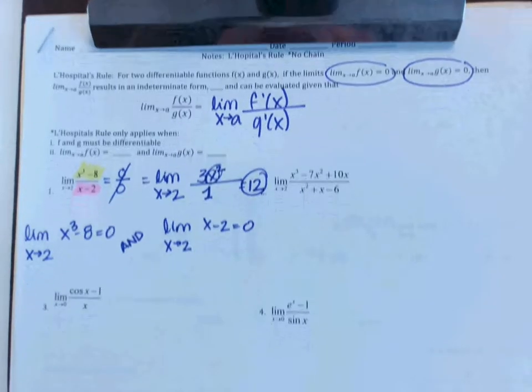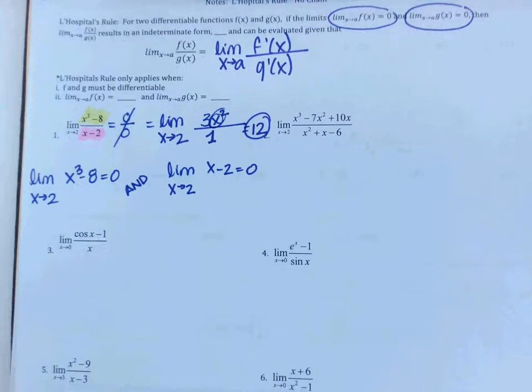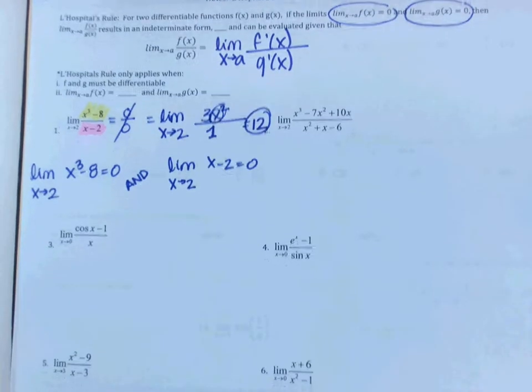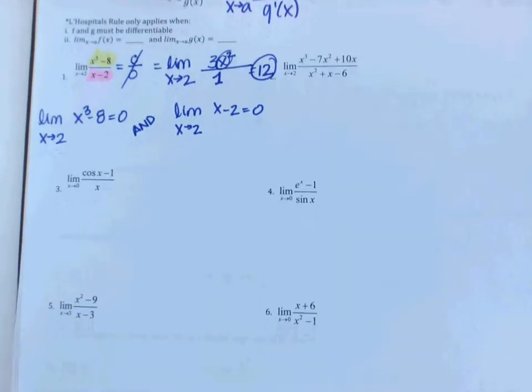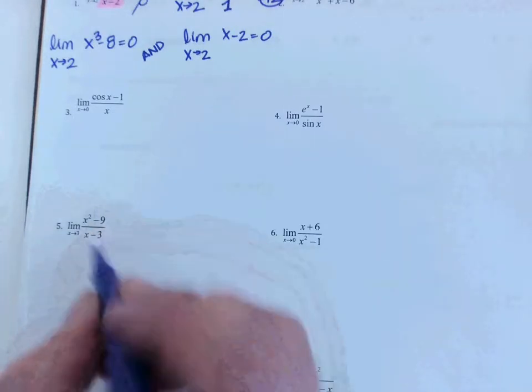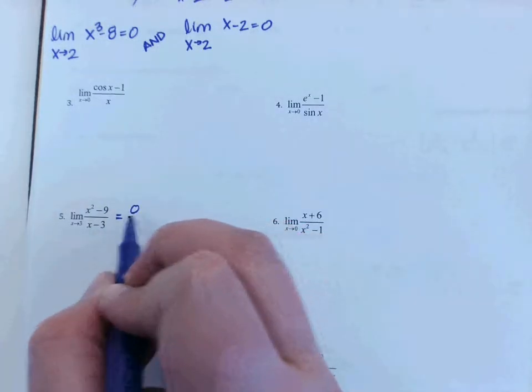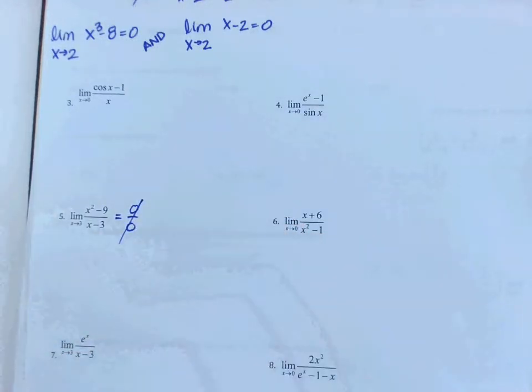Go down for me, please, to number 5. We're going to come back and do that top one in a second, but jump down to number 5. I have the limit as x approaches 3. What do I get when I plug into the top? 0 over 0. And then I'm like, wait, I don't want you to count me wrong. So I'm going to cross it out and write the limits separately.